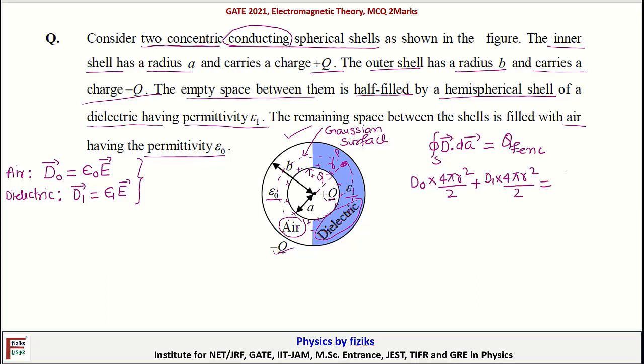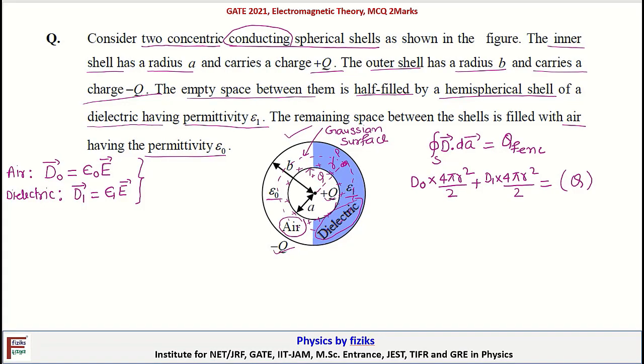And what is the total free charge enclosed? That is simply Q. Now we can rewrite this equation as epsilon naught E into 2 pi r square, plus epsilon 1 E into 2 pi r square, and that is equal to Q.